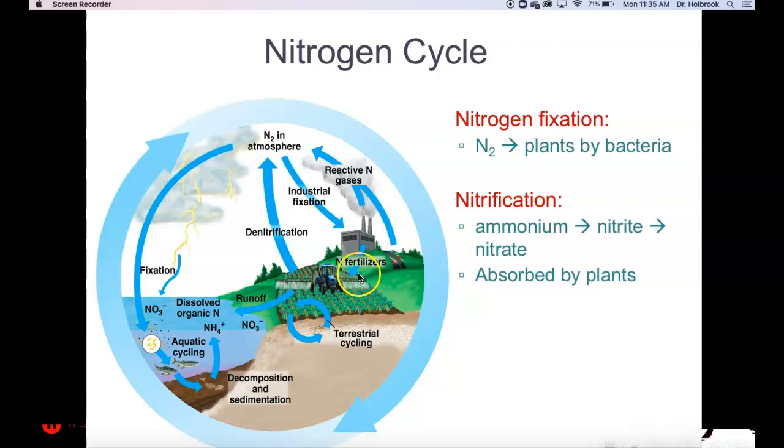Problem is when the fertilizer runs off into bodies of water. What that causes is called eutrophication. That causes an overgrowth of algae on the top of the water, which prevents sunlight from getting through, which can kill off other photosynthetic organisms. So fertilizer running off into bodies of water isn't a very good thing.